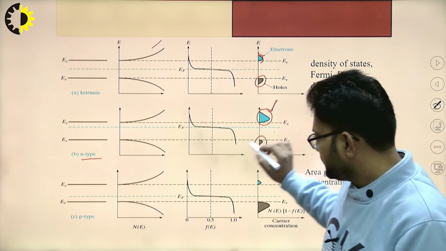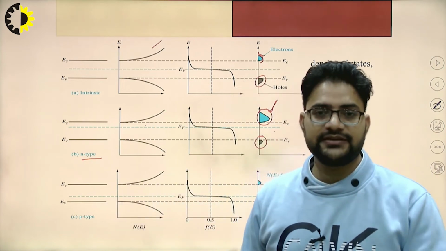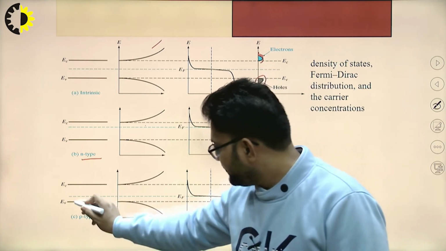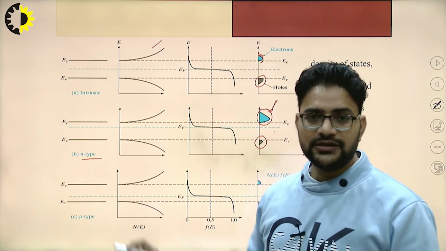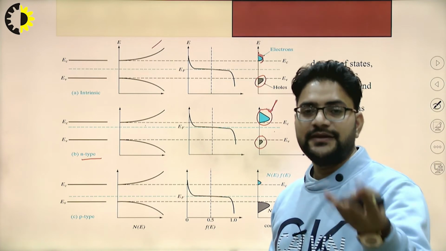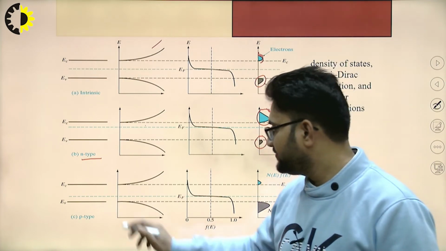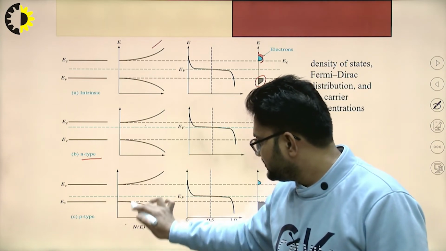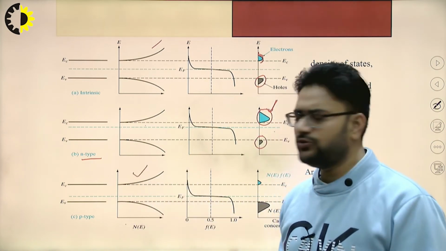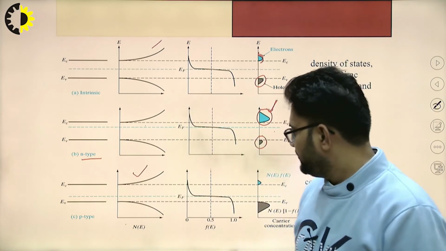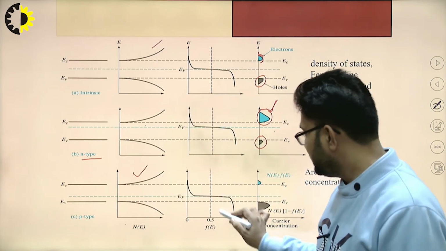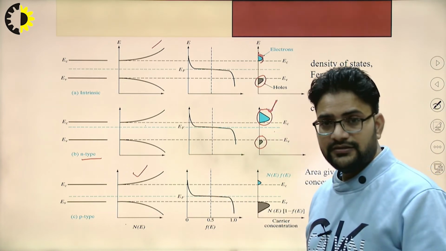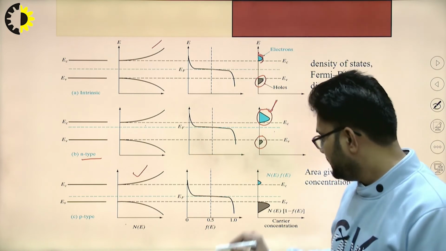Next is the p-type semiconductor. In the p-type semiconductor, the Fermi energy level lies just above the valence band energy level. The density of states will be constant for all three. Now the Fermi-Dirac function will be symmetrical about the Fermi energy level, so it will be like this.